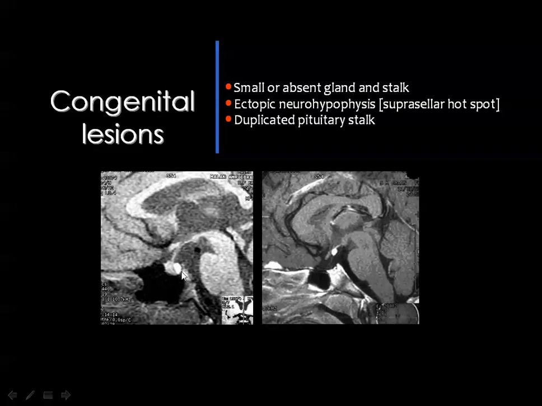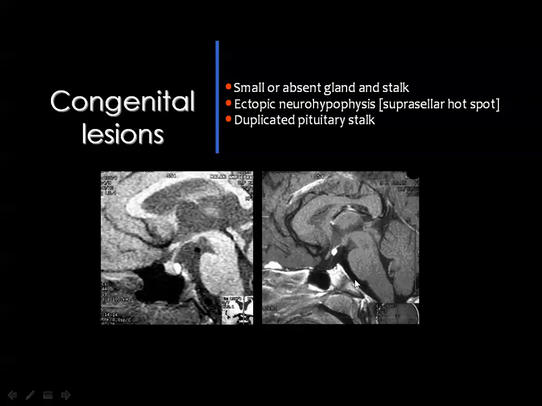Then one of the known congenital anomalies or congenital lesions of the pituitary gland is the ectopic location of the posterior pituitary. Here, this is the normal posterior pituitary seen in the pituitary fossa posterior to the adenohypophysis. But in this particular example, you can see that the posterior pituitary is ectopic and is intimately related to the upper part of the infundibular stalk.